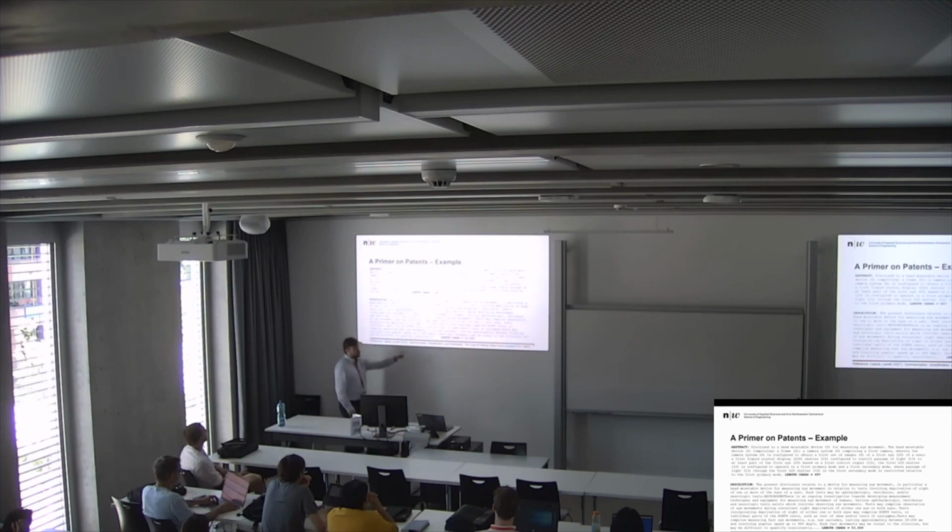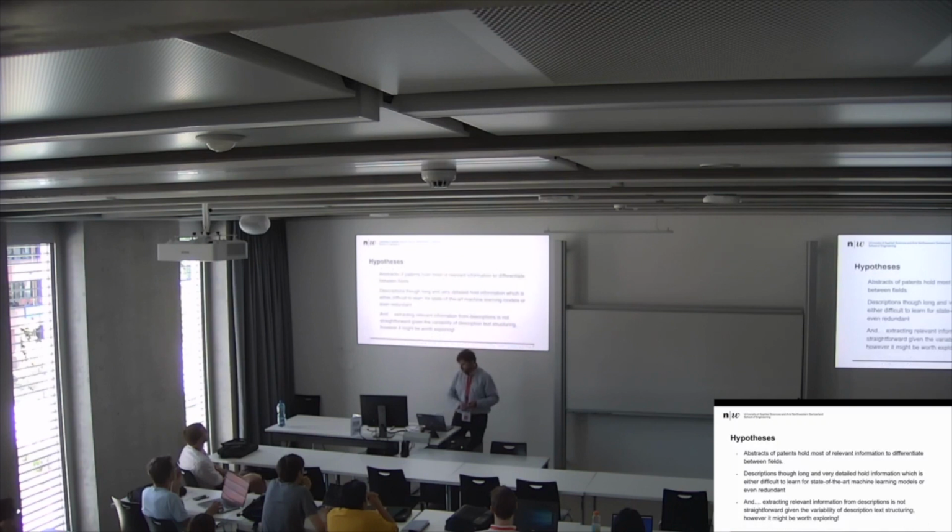The description is about 50,000 here, so it's 70 times larger than what you could use in these language models. We think that these abstracts have the really relevant information to differentiate between the fields. We think also that the description is quite long, and it holds very detailed information.